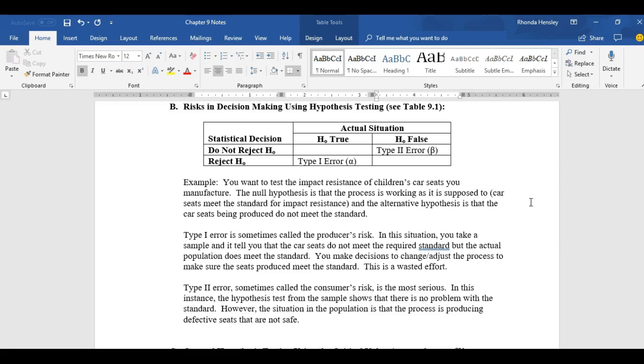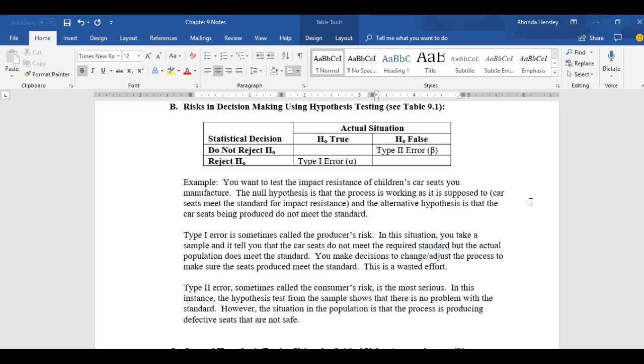In this case, the null hypothesis would be some sort of statement that says our process is working exactly as it's supposed to. In other words, the car seats meet the standard for impact resistance, so we have no problem. The alternative hypothesis would be that the car seats being produced don't meet the standard, which means, yes, we're producing defective car seats.